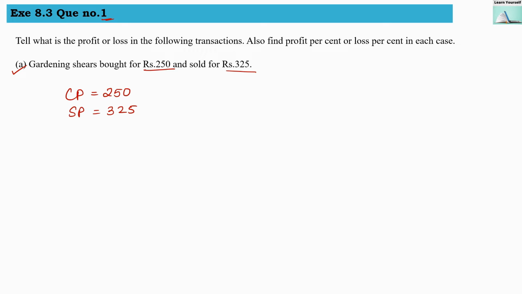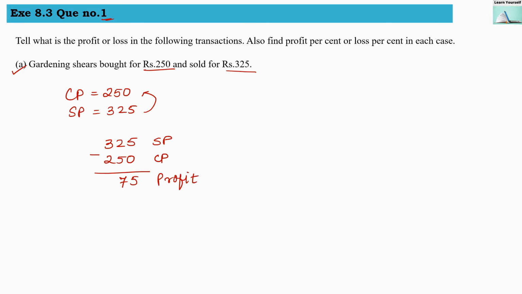Selling price is more compared to cost price, so this is a profit. Now we have to find out how much is the profit, so we will subtract this. 325 selling price, 250 is cost price. So once we subtract this, we will get here 75, and this is going to be our profit.